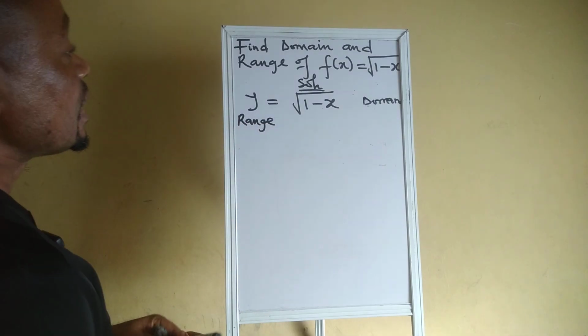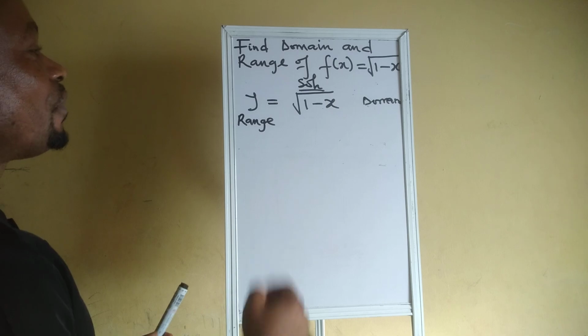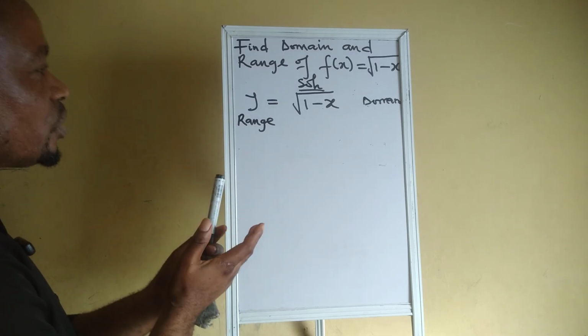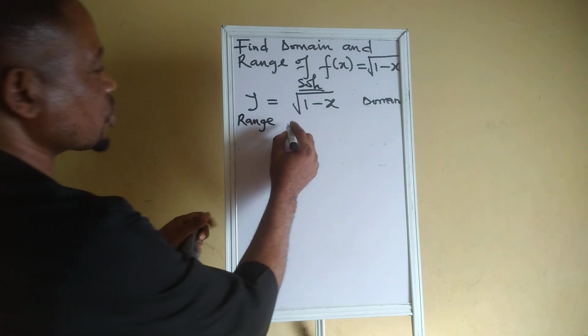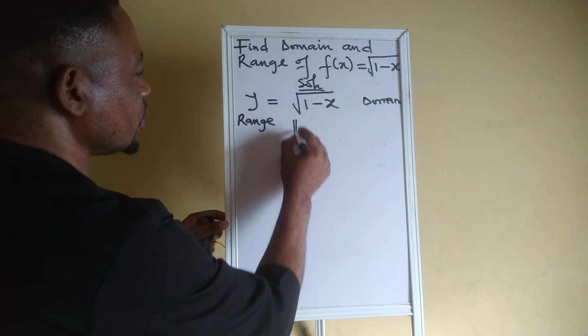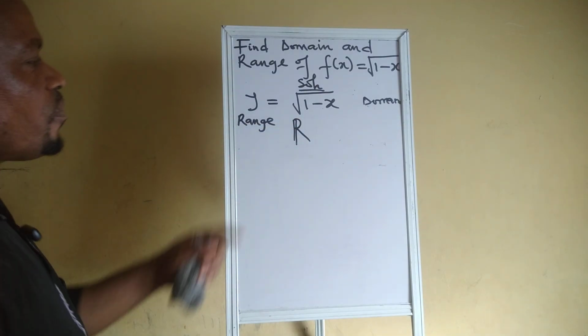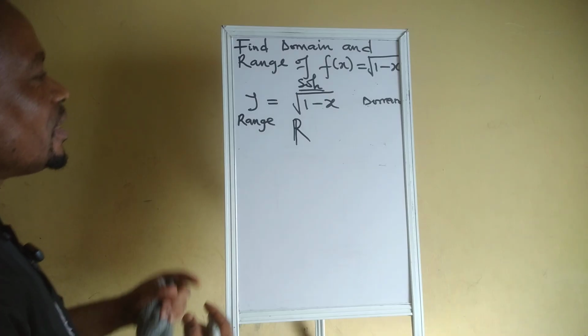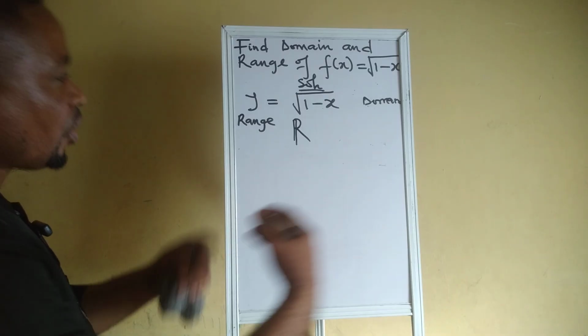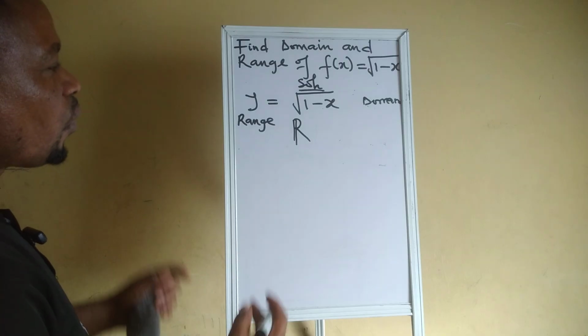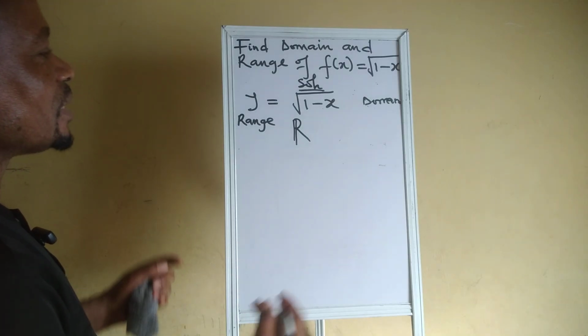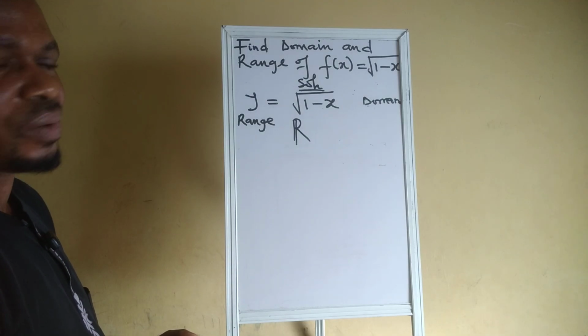Now, which means anytime you are identifying the domain of a function, you are going to consider what we call a real number. A real number can tell you whether it's tending to negative infinity or positive infinity. Now, what is a real number? A real number is a set of rational and irrational numbers.